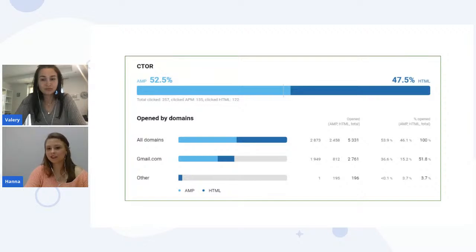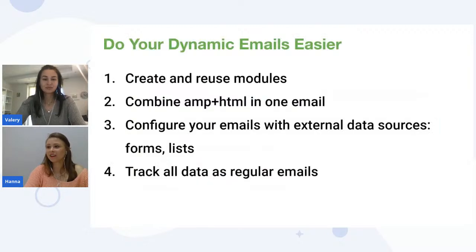Now you can see how the statistics usually look, and you can see that AMP engagement is still higher than HTML, which is pretty cool. So we solved all the issues, and now we can say that you're ready to create your first dynamic email more easily. You can create and reuse modules as many times as you want.